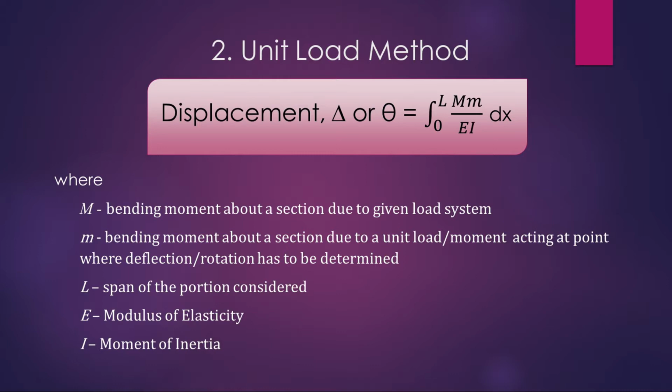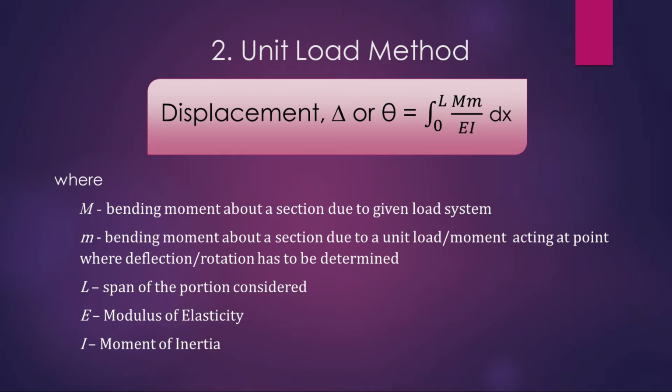It will be the integral from 0 to L, where L is the segment length, of capital M, small m by EI into dx, where capital M denotes the bending moment about a section due to the given load system. Small m is the bending moment about a section due to a unit load or moment acting at the point where deflection or rotation has to be determined.